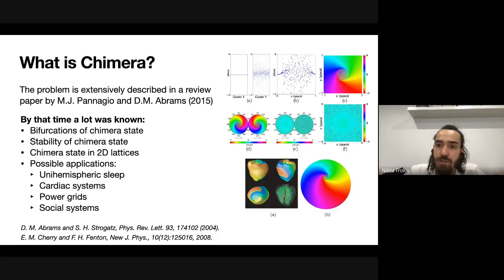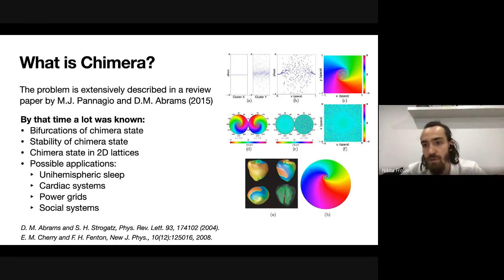On this slide you can see a variety of different patterns formed by chimera states. Figure A shows the clustering of two coupled subpopulations, one of which demonstrates a coherent state and one is desynchronized.